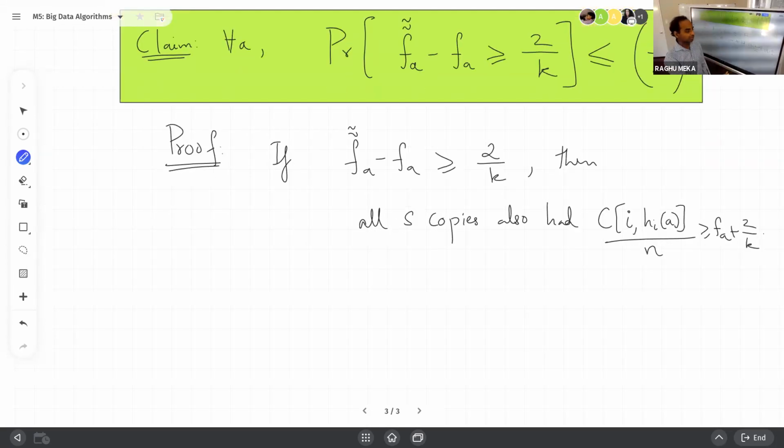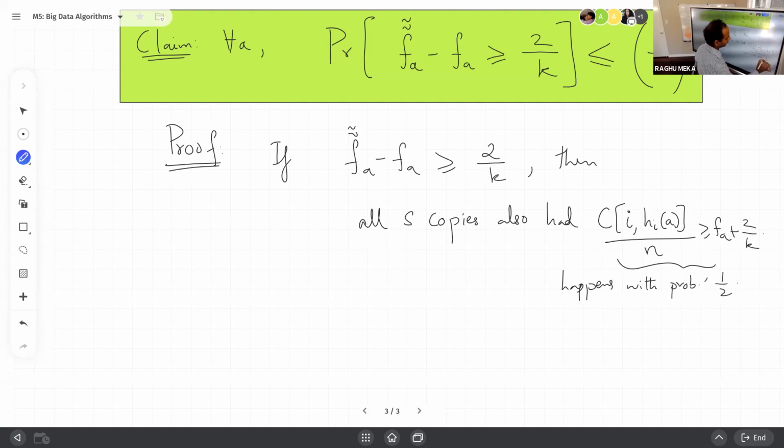And these are all independent, and each one happens with probability half, right? So we could get unlucky and be wrong on the first hash function with probability half. But what's the probability that you're unlucky every one of those s times? That has to be exponentially smaller, right?